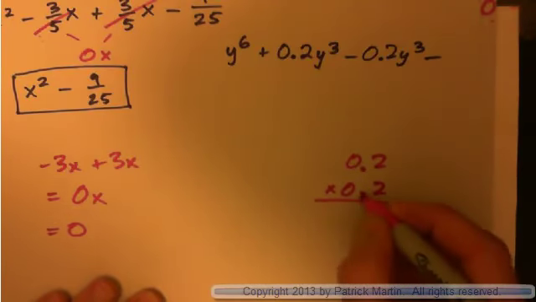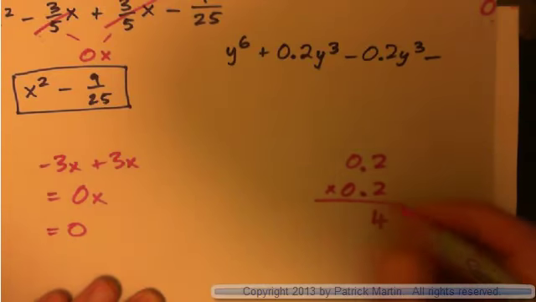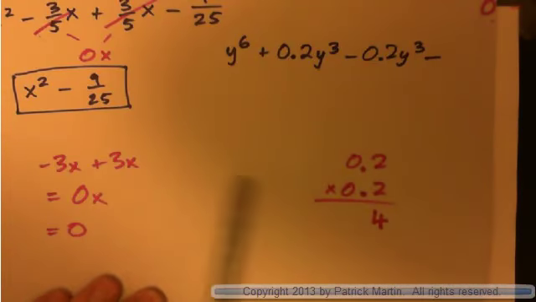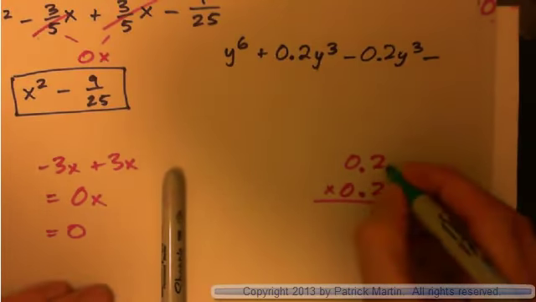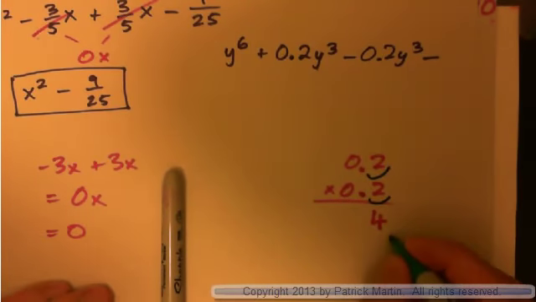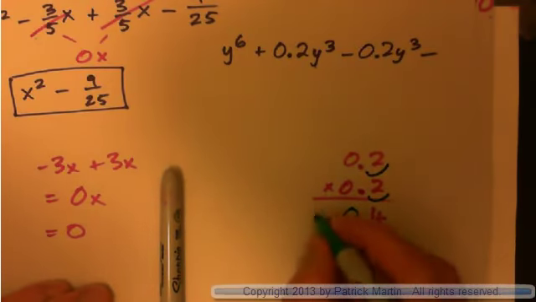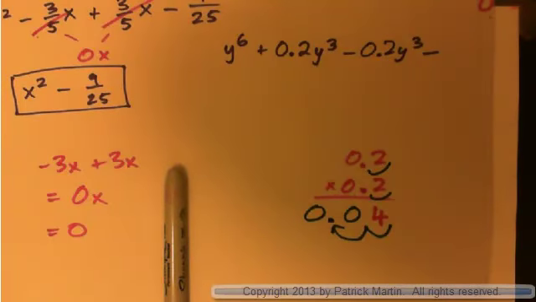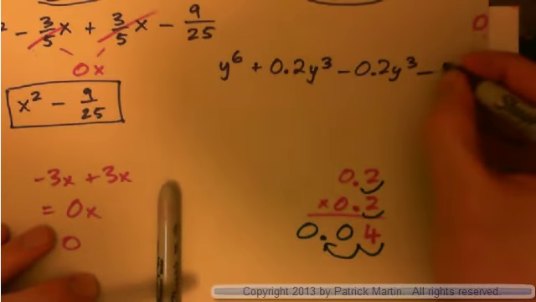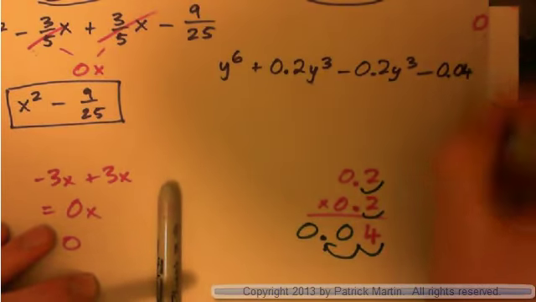But the point is, we have 2 decimal places in the question. So there should be 2 decimal places in the answer. You stick a decimal point here, and then 0. So it's 0.04 is the answer, so minus 0.04.